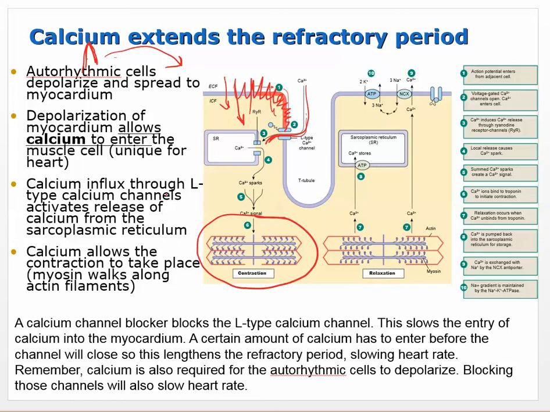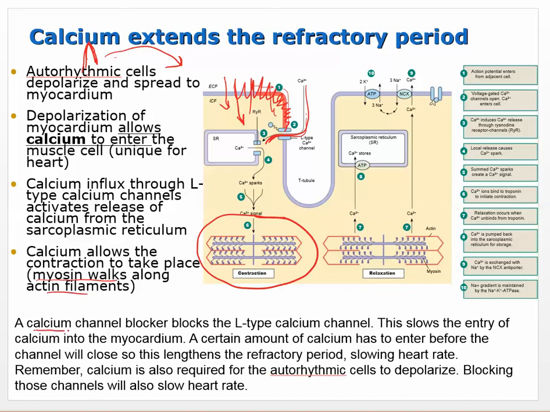Calcium influx through these L-type calcium channels keeps it depolarized, but it also activates release of calcium from the sarcoplasmic reticulum, because this is just a muscle cell, and then calcium allows that contraction to take place, with myosin walking along actin filaments.